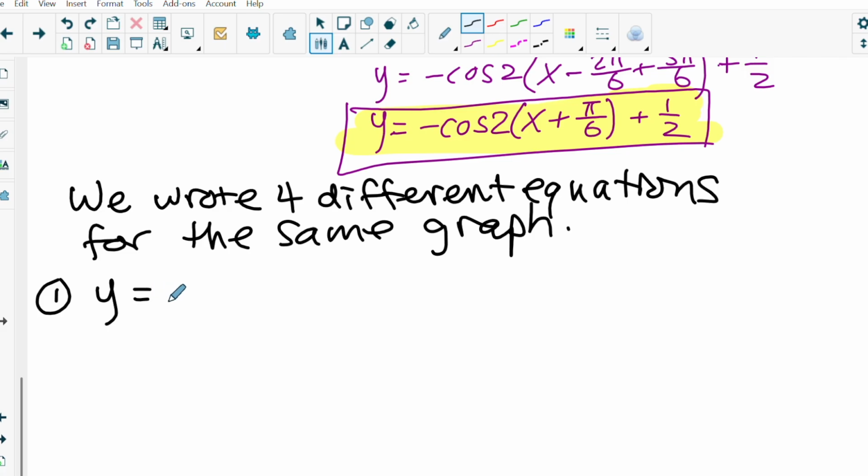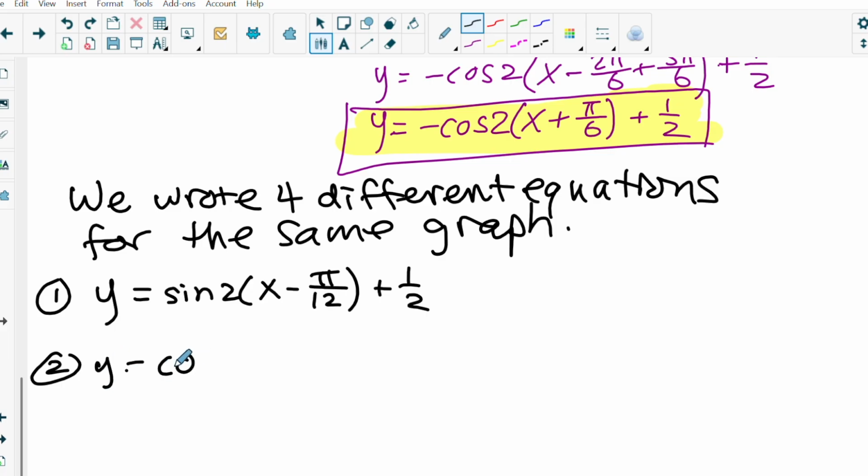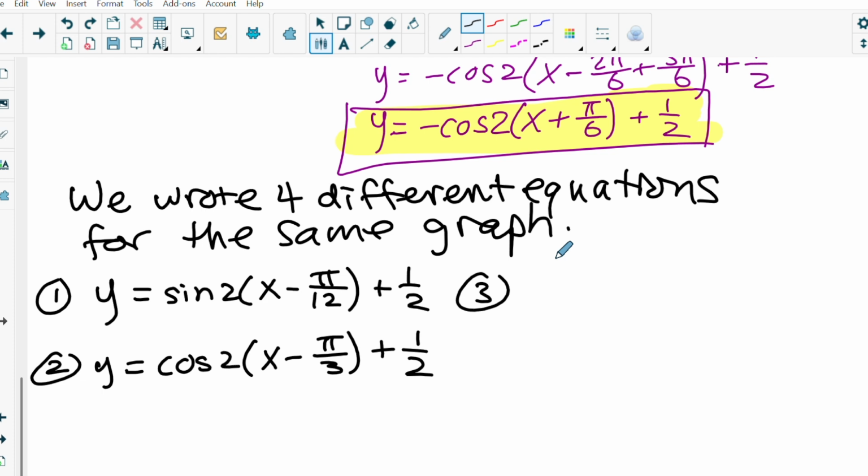So the first one we wrote is y equals sine of 2 times x minus pi over 12 plus 1/2. The second one we wrote in terms of cosine is y equals cosine of 2 times x minus pi over 3 plus 1/2.